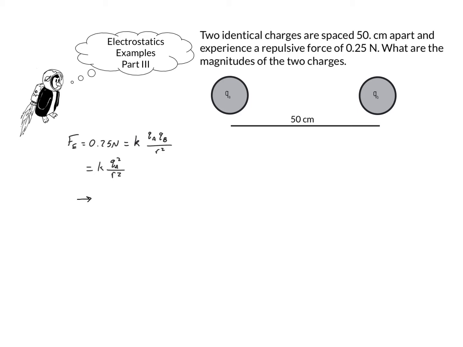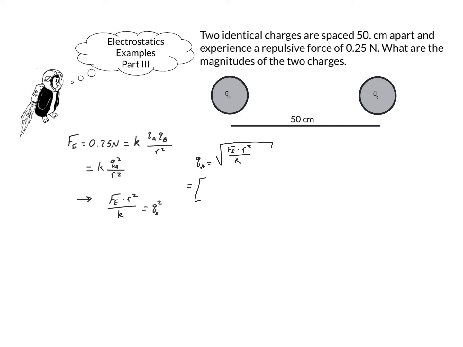A little bit of algebraic manipulation later, we have the force times R squared all divided by K is equal to Q squared. So QA is going to be equal to the square root of all of that: the electric force times the distance squared all over Coulomb's constant.